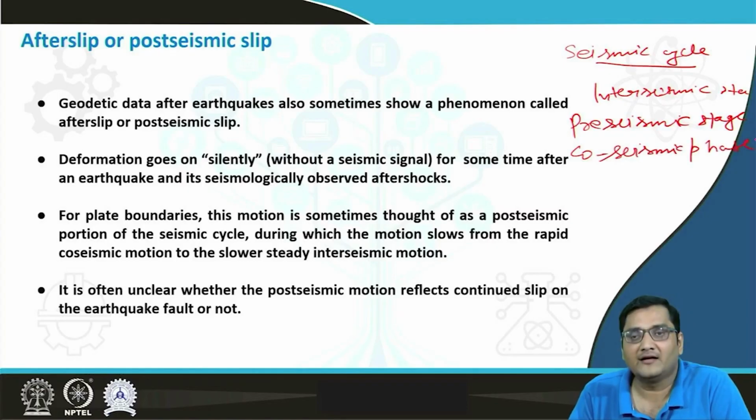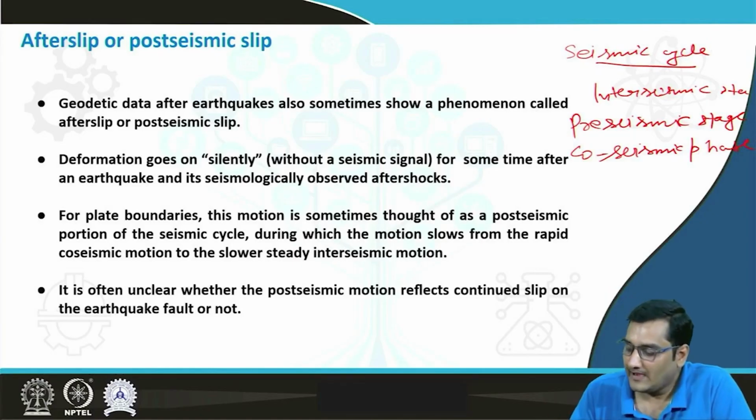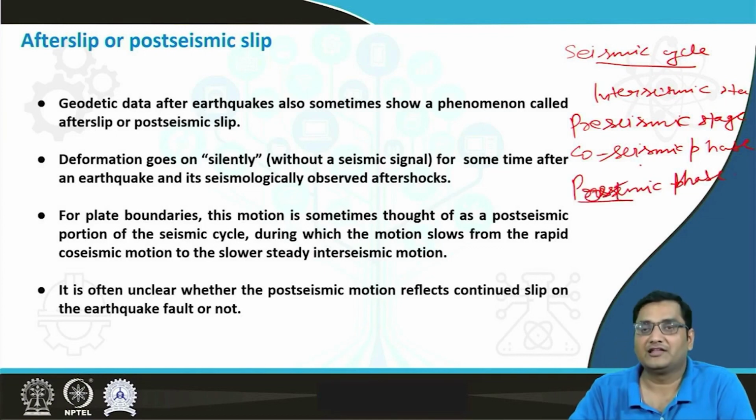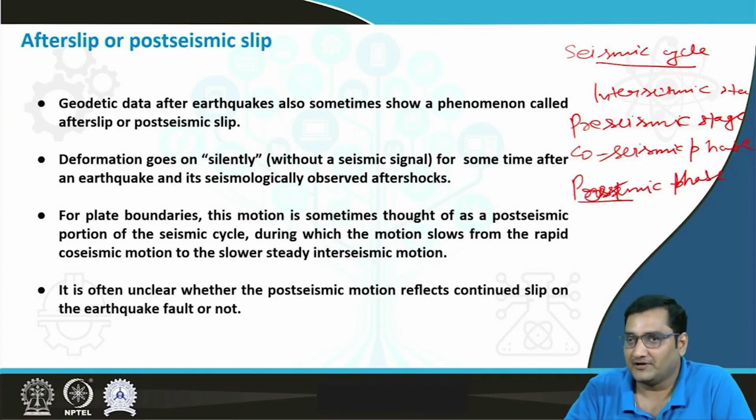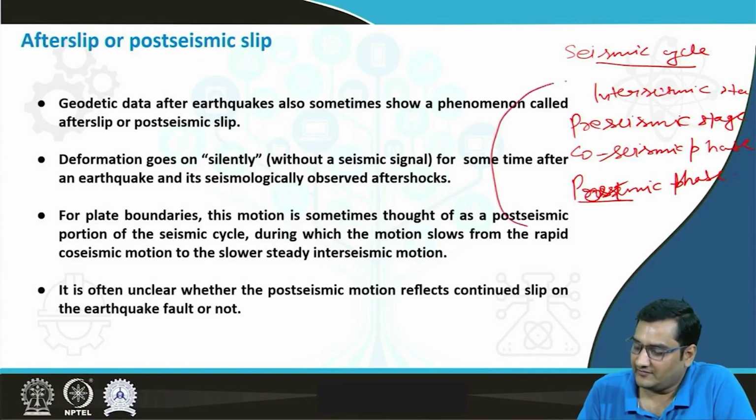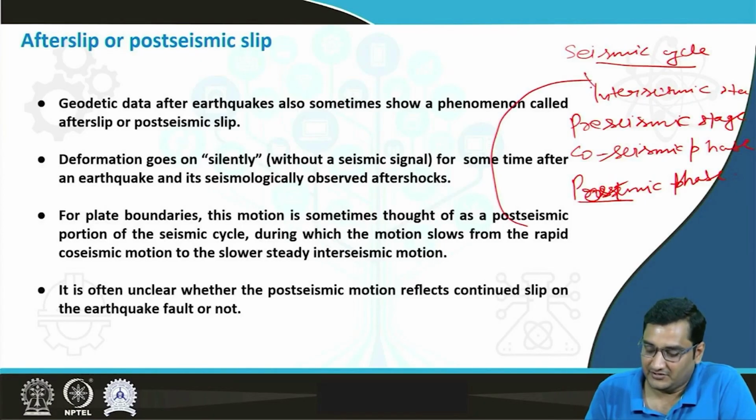This is the phase when the earthquake or the main shock itself happens, and thereafter we have the post-seismic phase. In the post-seismic phase, aftershocks happen, and then the seismic cycle starts again from the interseismic stage. So this is what is written.